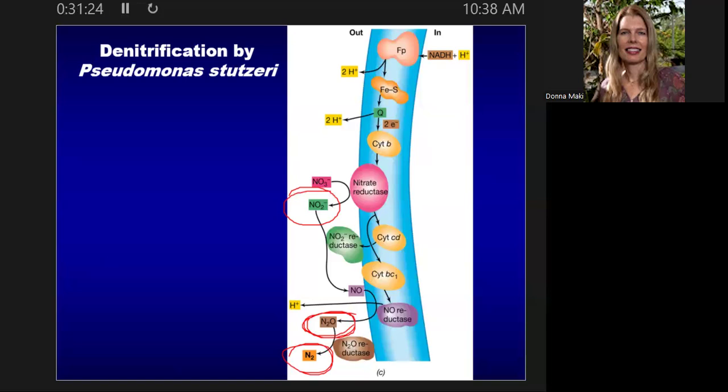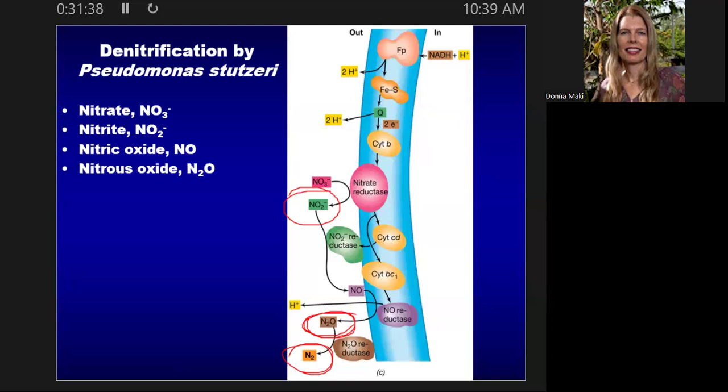And so what it's doing is it's taking nitrate here in the pink, NO3 minus, and that accepts an electron, which gets reduced to nitrite. And then you get nitric oxide, NO, and then nitrous oxide, N2O. So the nitric oxide, nitrous oxide, and then dinitrogen, N2, those are all gases.